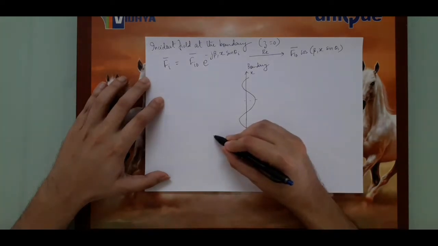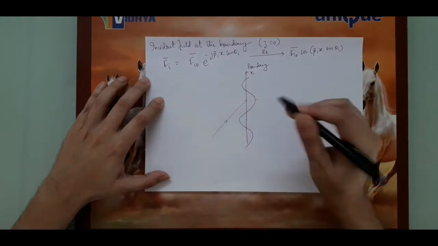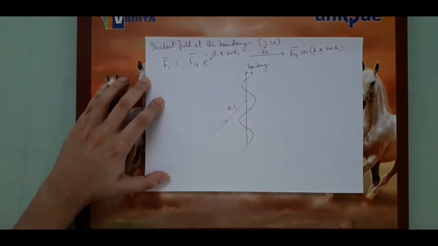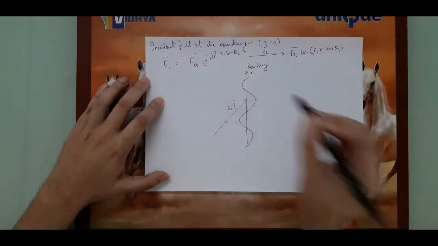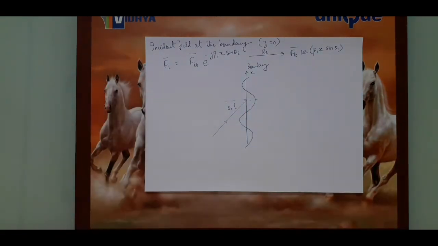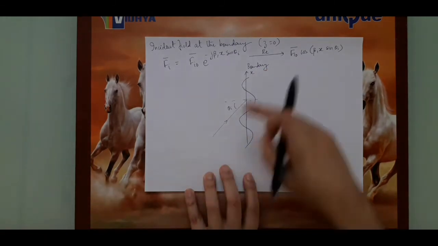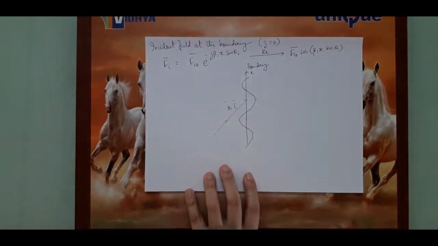If the wave hits this point with an angle theta I, what can we say? The moment the wave hits, some kind of a field disturbance happens on the surface because of this quantity.